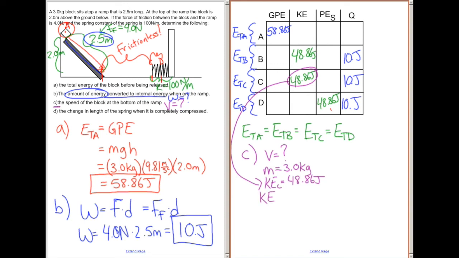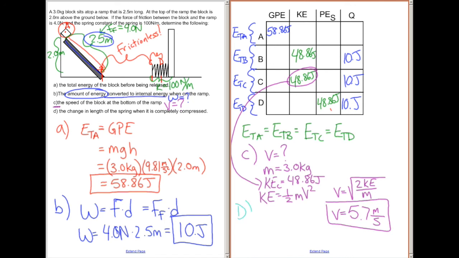So, using my equation, KE equals 1 half mv squared, I'm going to rearrange that to solve for v. I find v equals the square root of 2KE over m. Now I plug in my numbers and I come up with a velocity of 5.7 meters per second. Pretty easy to do.